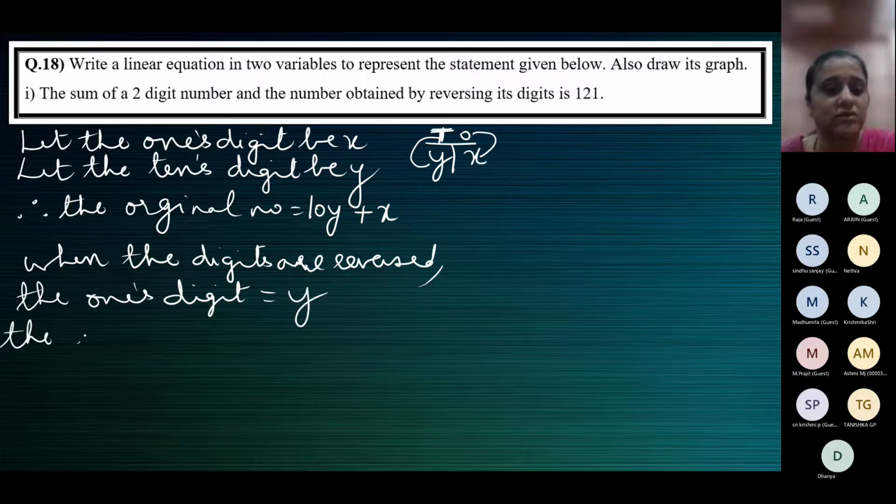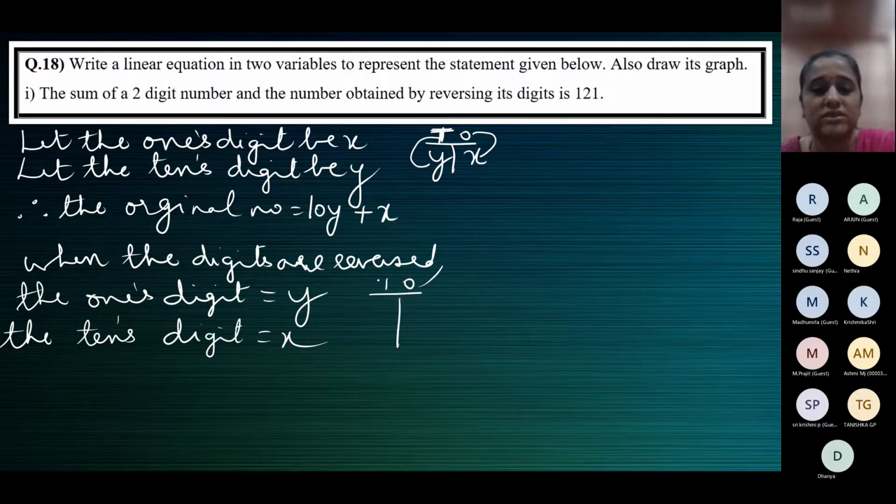The tens digit is equal to x. Very good. So the ones digit is y, the tens digit is x.